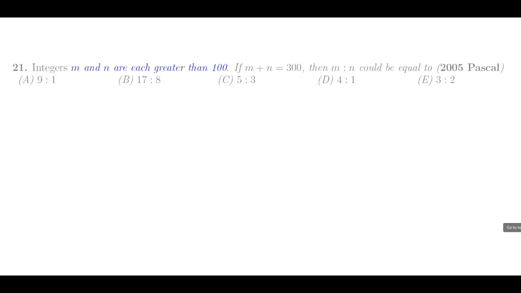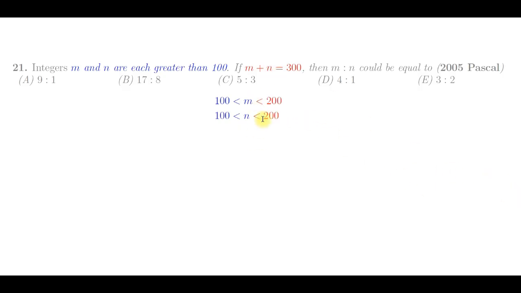So let's first look at the first thing that they tell us, that m and n are both greater than 100. So that tells us that m is greater than 100 and n is greater than 100. And we know that they add to 300. Well, if this guy is bigger than 100, and when it goes in with this guy, you get 300, this guy can't be bigger than 200, or can't even be 200.